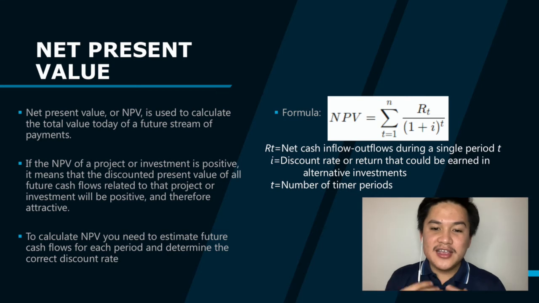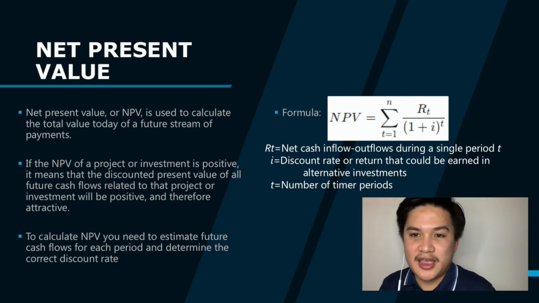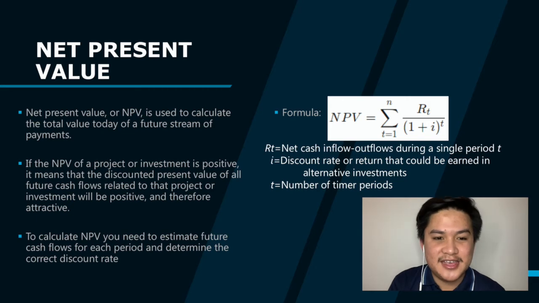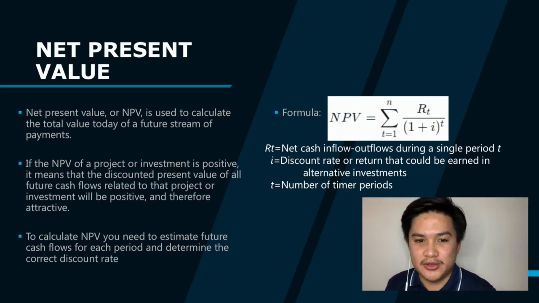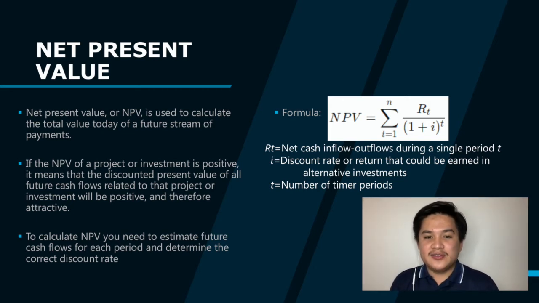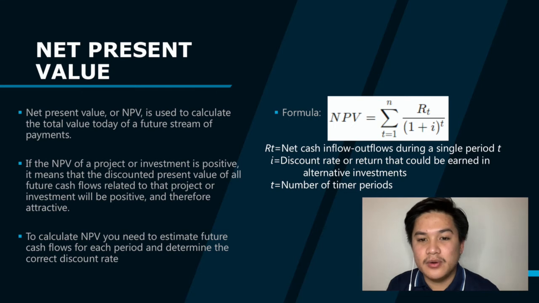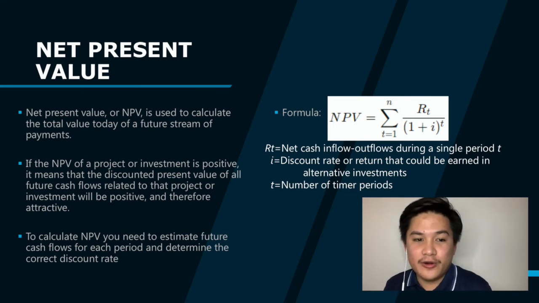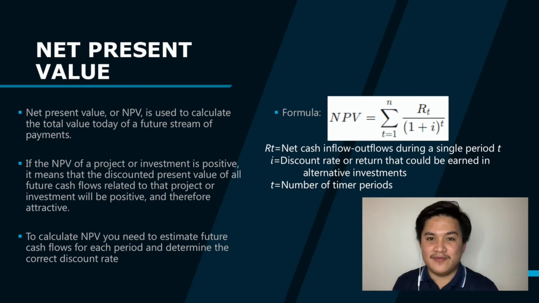The ending cash flow includes any salvage value or remaining value of the capital assets at the end of the analysis period, if any. So the cash inflows and outflows over the life of the investment are then discounted back to their present values.